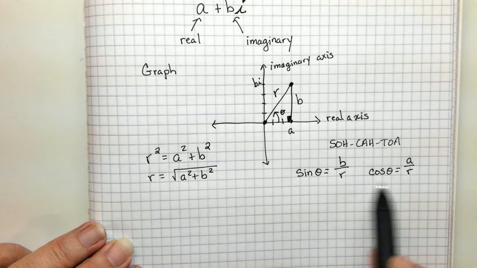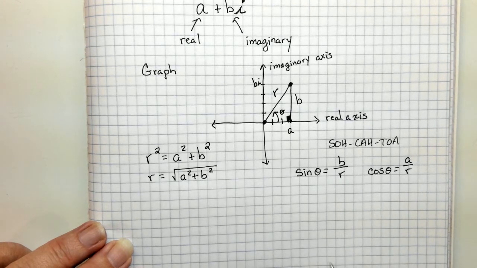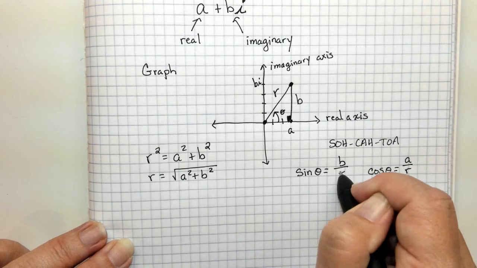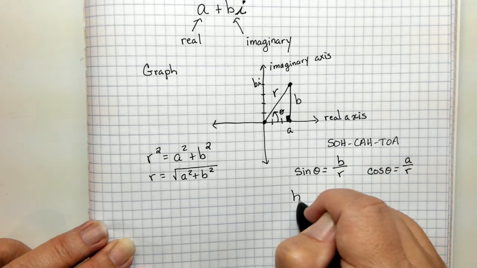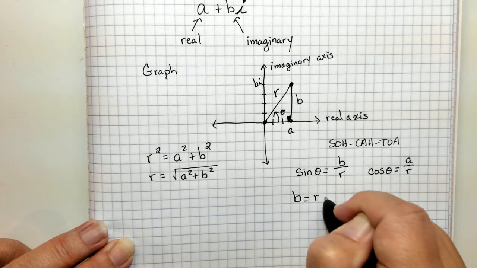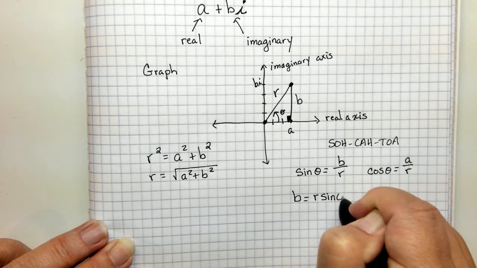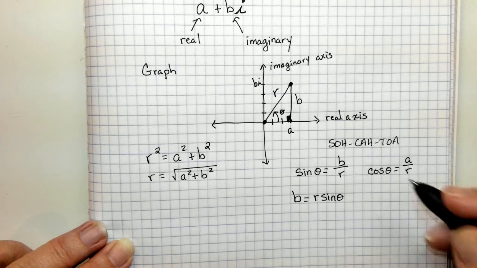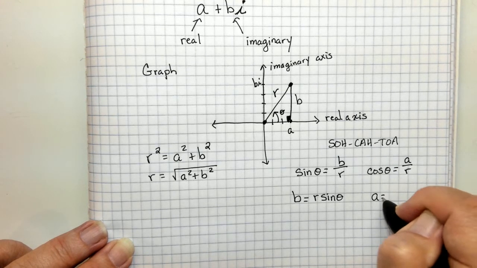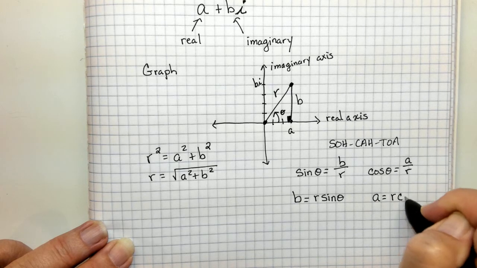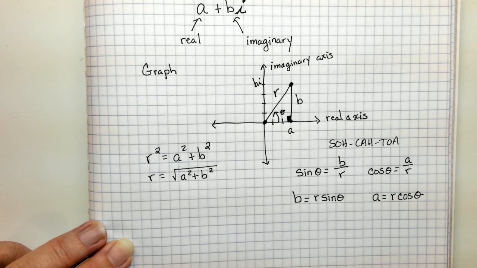And so then we can solve for b and a. So we would multiply both sides by r, and b would be equal to r sine theta. And then we would multiply here both sides by r, and a would be equal to r cosine theta.